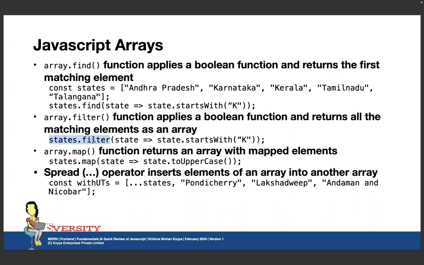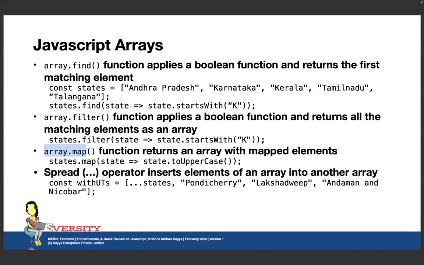It will continue till it covers all the elements and returns all the matching values. So in this case, it is going to return an array with Karnataka and Kerala as the return values.